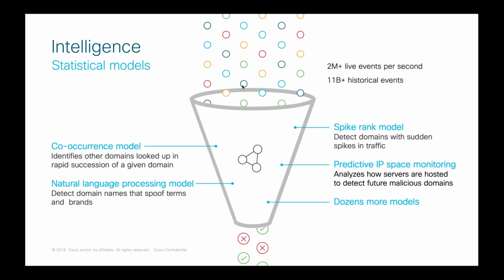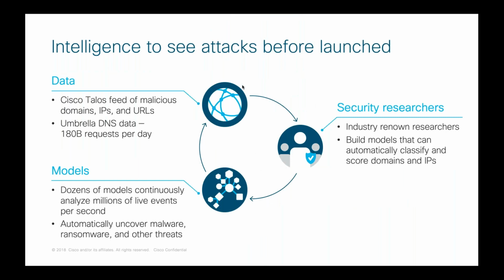And this just talks about our intelligence. The overarching Cisco Talos team, which is our overarching security research team, helps and feeds and curates some of the things that we have in Umbrella, as well as our own security research team who builds some of these statistical models to automate a lot of our blocking.